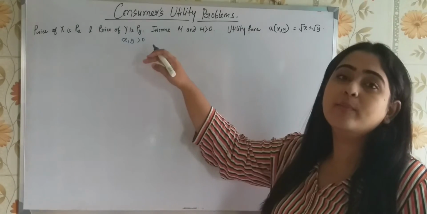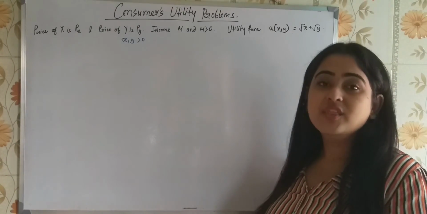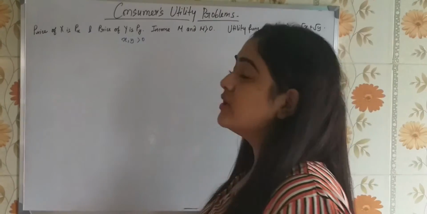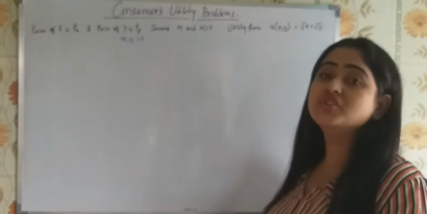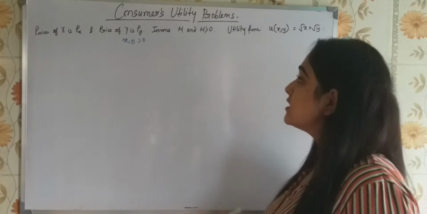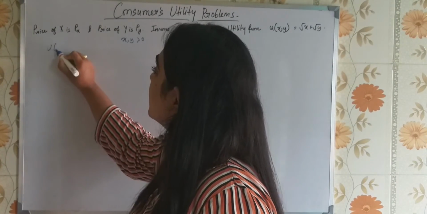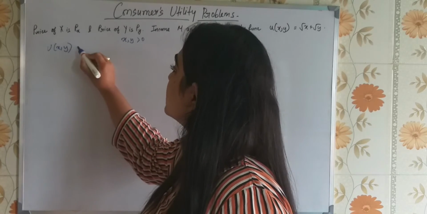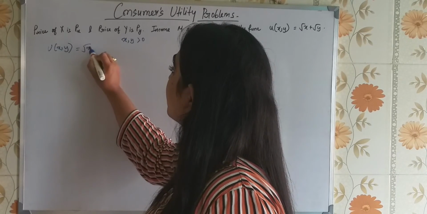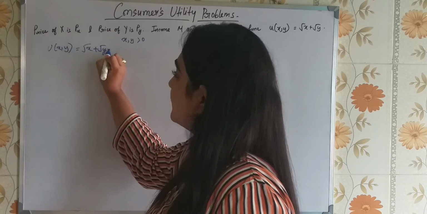How are we going to approach this kind of problem? The very first thing that you need to do is partial differentiation. Let me do it here. The utility function is U of x and y, which equals root over x plus root over y. Got it?